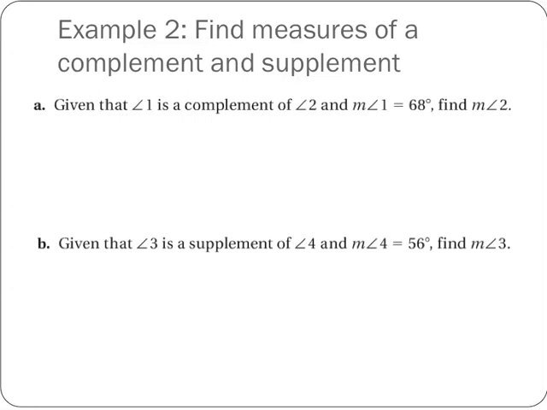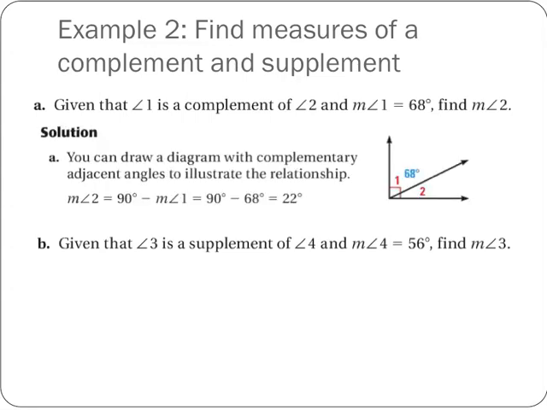So if you want to, you can absolutely draw a diagram for yourself. But really all you need to do is 90 minus 68 to find out what we need in order to get those two angles to add up to 90. So this is going to be 22 degrees. So 68 plus 22 gives us 90 degrees, so the measure of angle 2 must be 22 degrees.